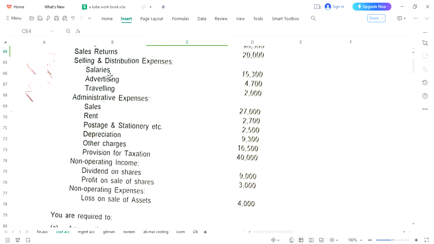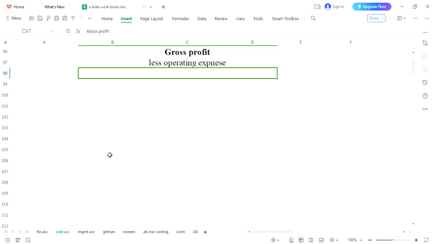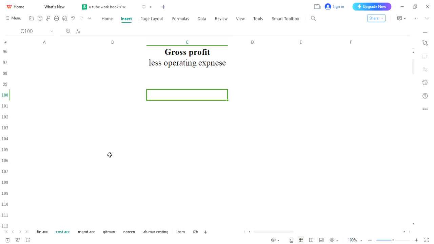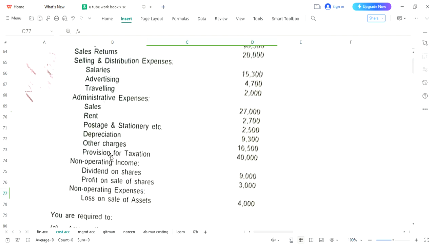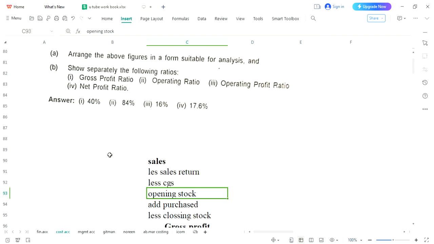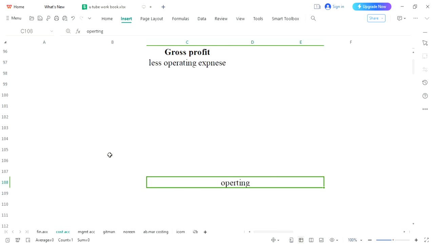Starting from here: 1 2 3 4 5 6 7 8 9. It means there are 9 lines needed. 1 2 3 4 5 6 7 8 9. Okay, 10. So in this way we will get our operating balance, and yes, this would be considered as our operating profit.